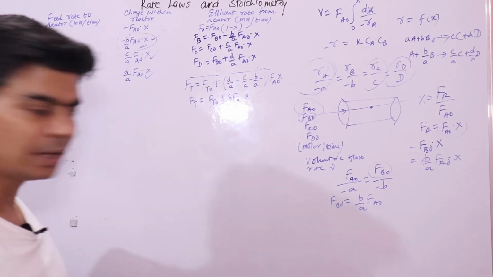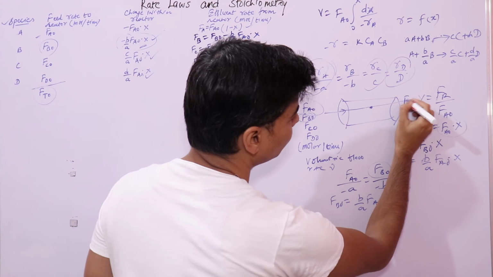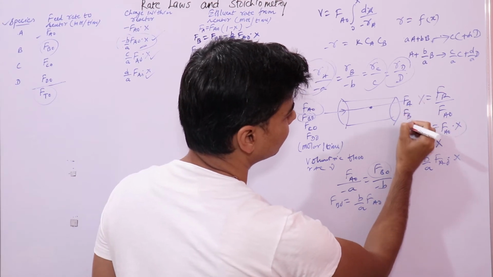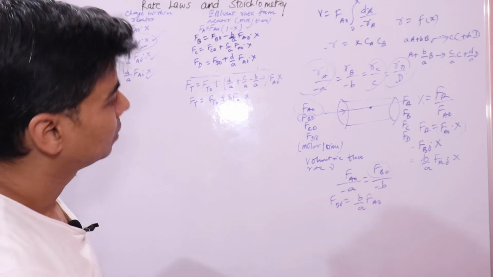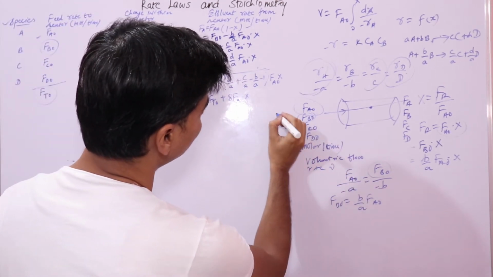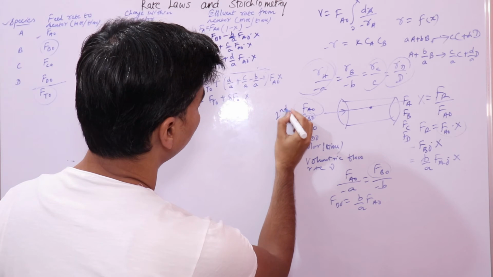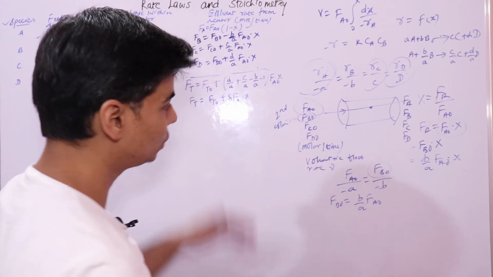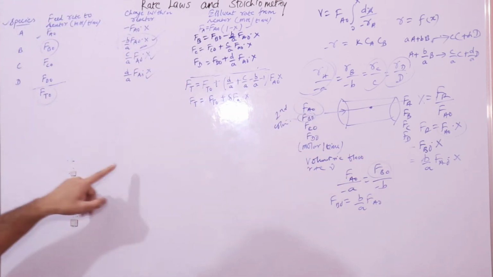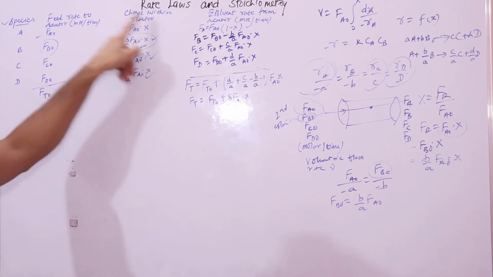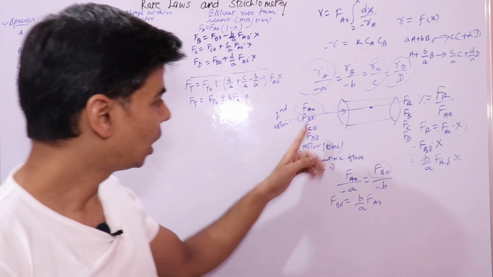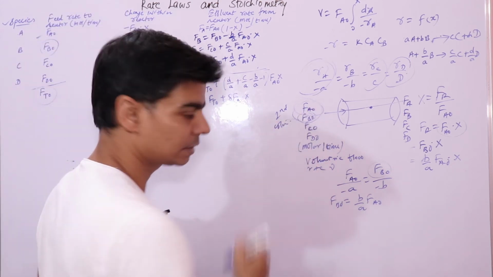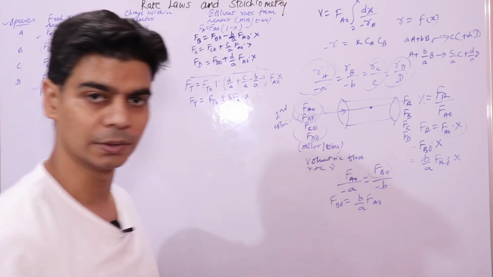So how much is remaining is Fa, what is coming out from the other end after reaction. The second column represents what you have initially fed. And this is how much of these reactants and products have reacted, how much of the reactants have reacted and how much of the products have formed.